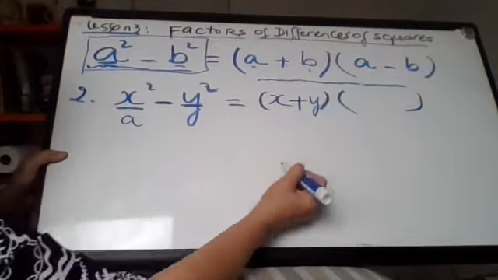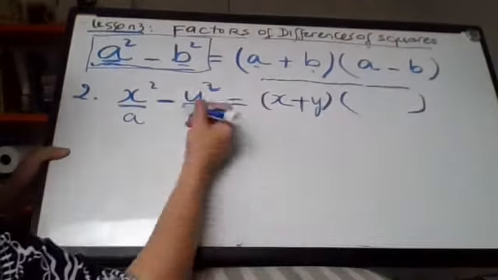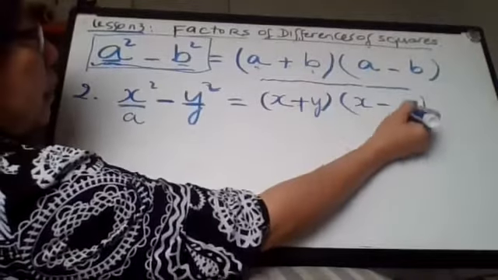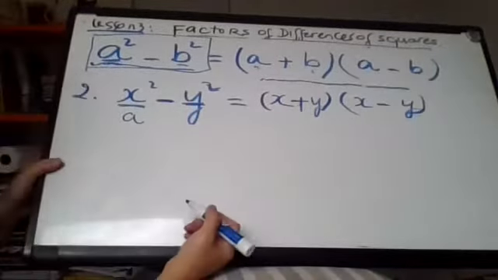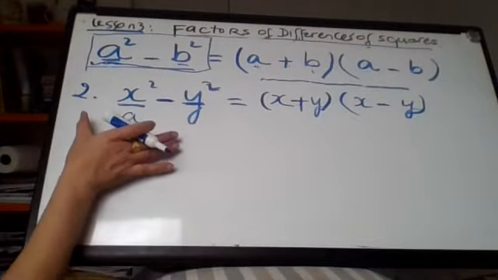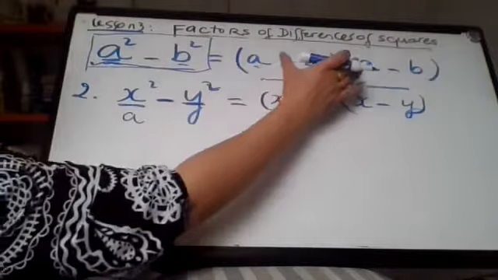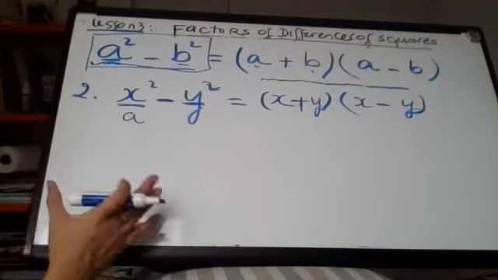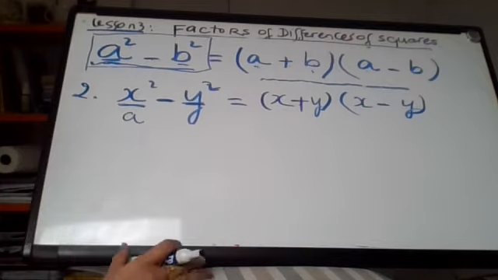So x plus y. Our a is the same x, except this plus sign becomes minus y. So this is how we factor this algebraic expression using the formula. It's very easy, right?